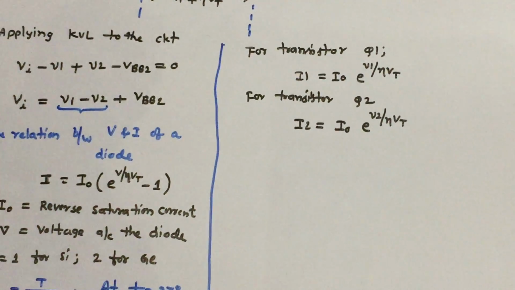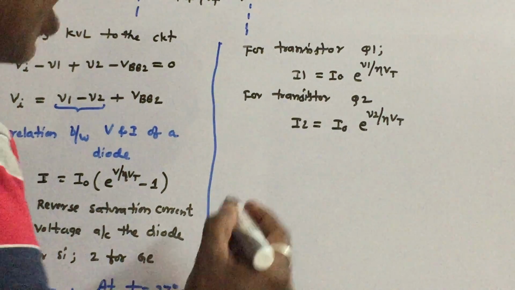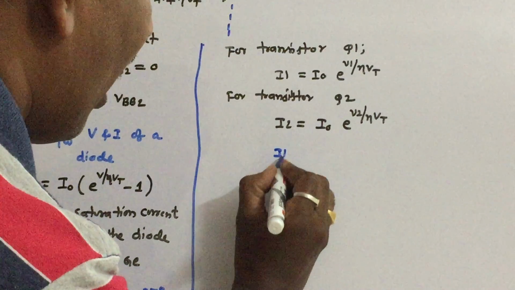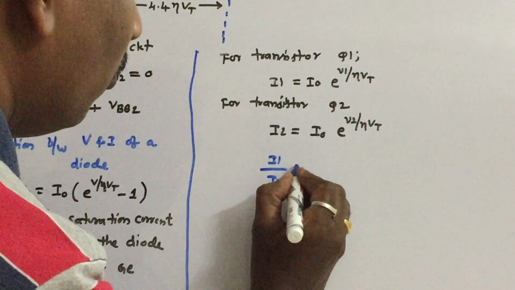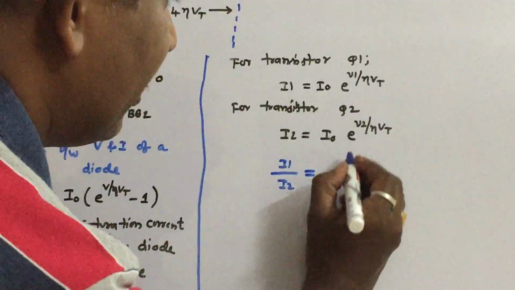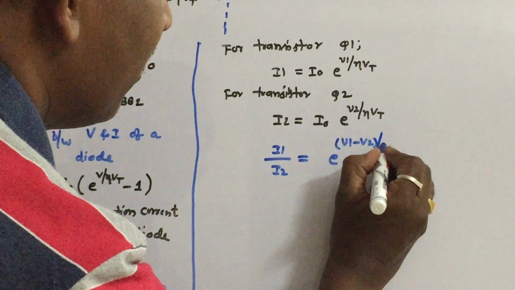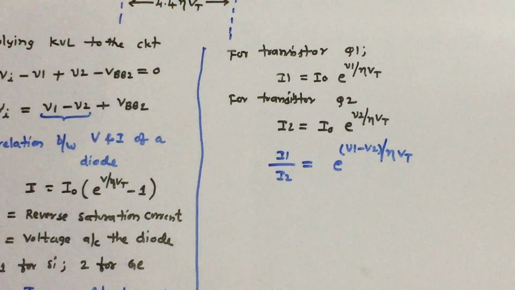Let us divide I1 by I2. I0 gets cancelled out, so I1 by I2 is equal to e power V1 minus V2 by eta Vt.